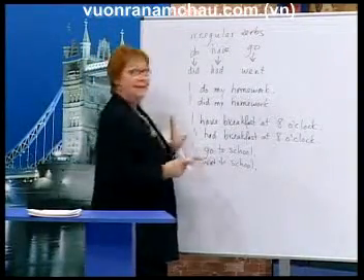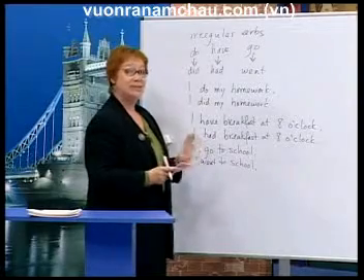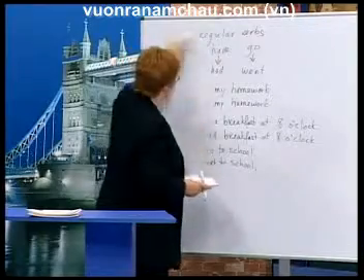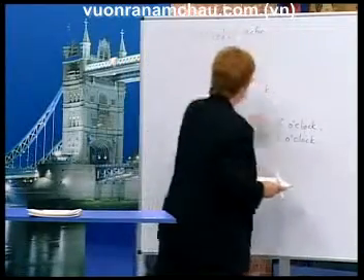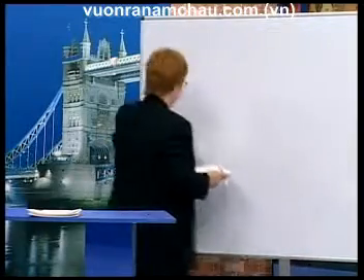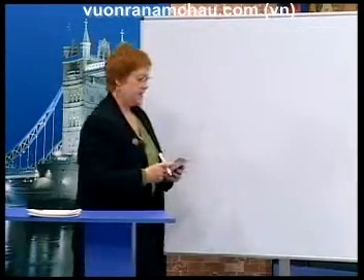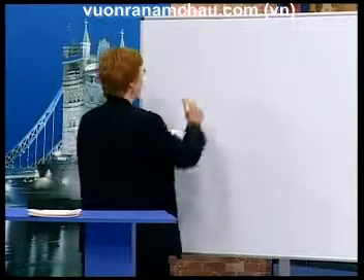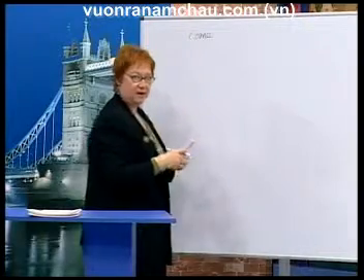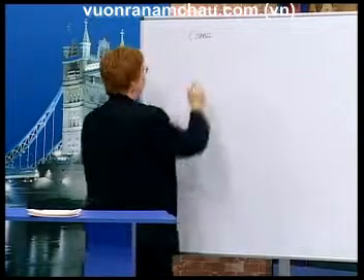Okay, now let's look at some irregular verbs that we can use for traveling. And there's quite a few of these. You have to look and remember. Okay, now let's start with come. All right, I'll make a list and later we'll talk about them.